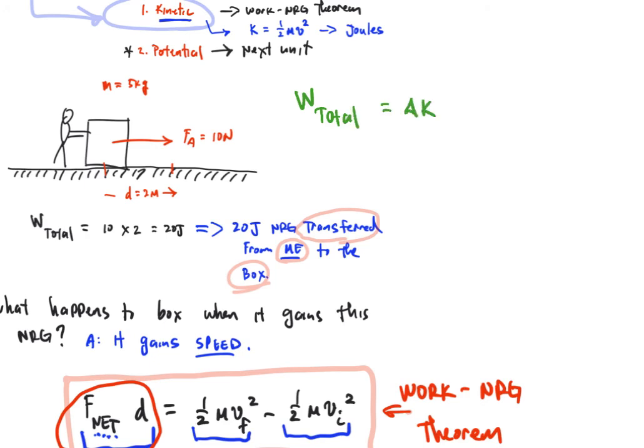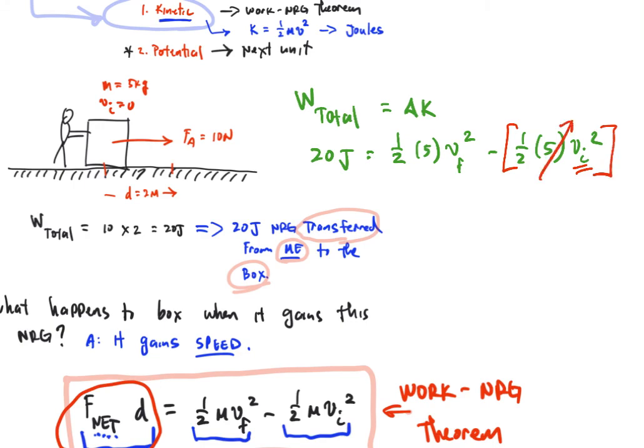We said the work total earlier is 20 joules, so that's going to be equal to 1/2 the mass of the block, which is 5, times v final squared minus 1/2 times 5 times v initial squared. And I think I said in the problem, let's assume v initial is 0. The block starts from rest, so we'll do that substitution. That means that if this is 0, then this whole term is 0.